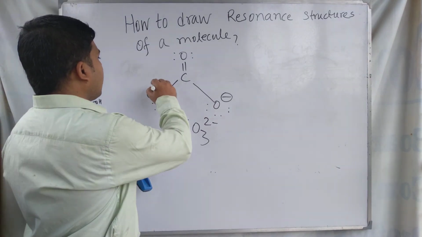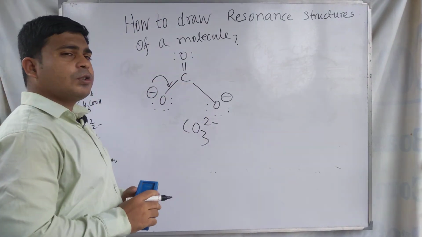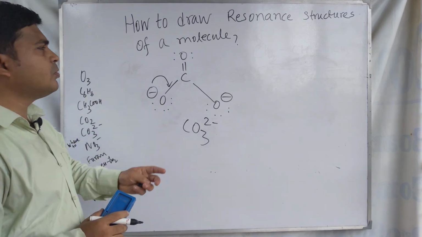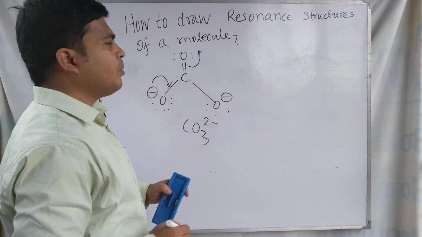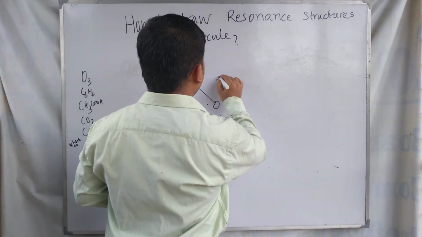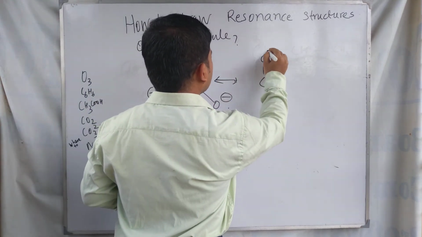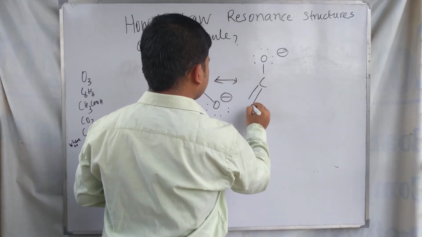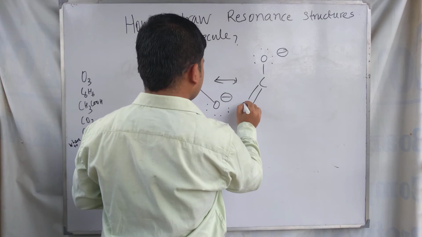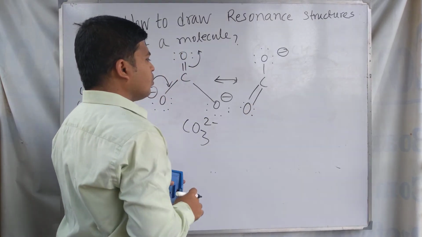How? At first, form a bond between carbon and oxygen by this negative charge, and at the same time the oxygen is becoming negative charge, and the next this one is formed.